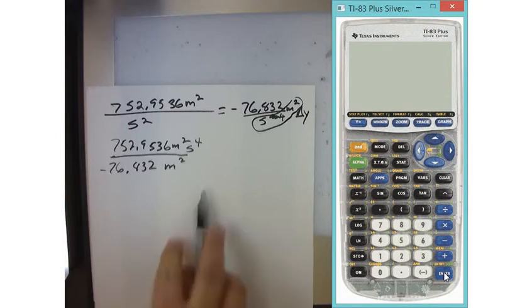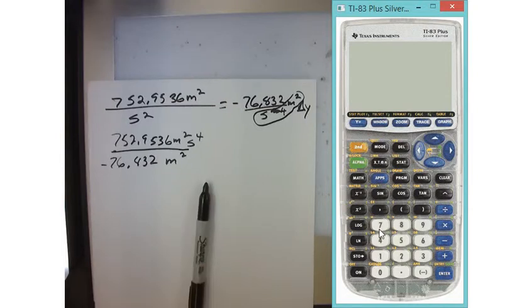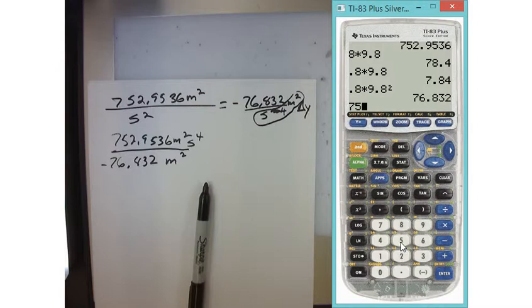Well, let's see if the numbers match up. Then we'll figure out the units. So I know by looking in the back of my textbook that the answer should be pretty close to 38. So I'm going to say 752.9536 divided by negative 76.832.